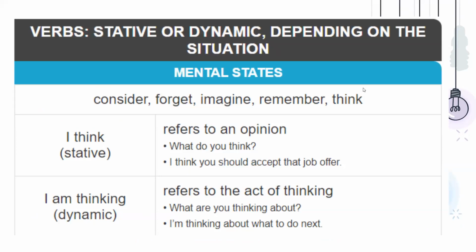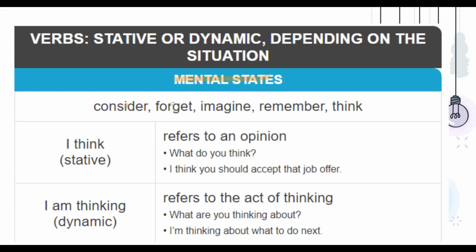Now we have verbs that could be stative or dynamic depending on the context that you use them in. Again, we begin with mental states like consider, forget, imagine, remember, and think. One of the ones that we could have some confusion about is the verb think.